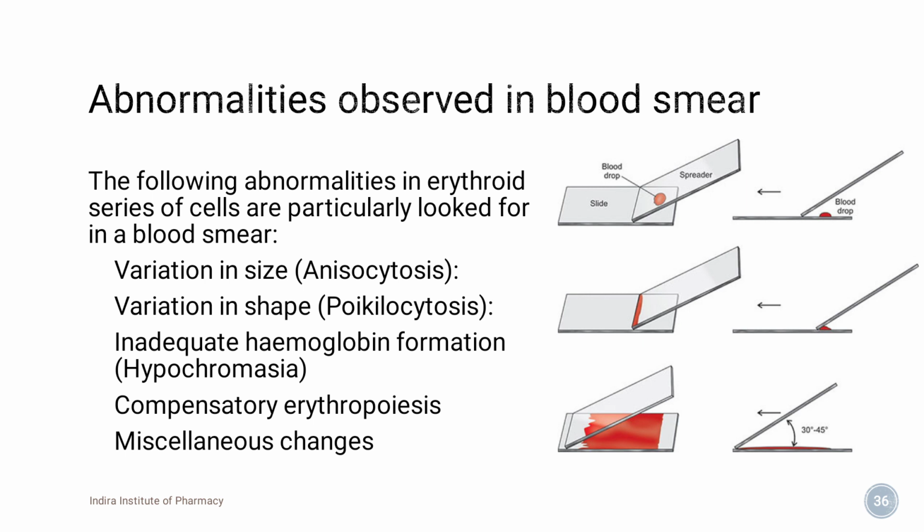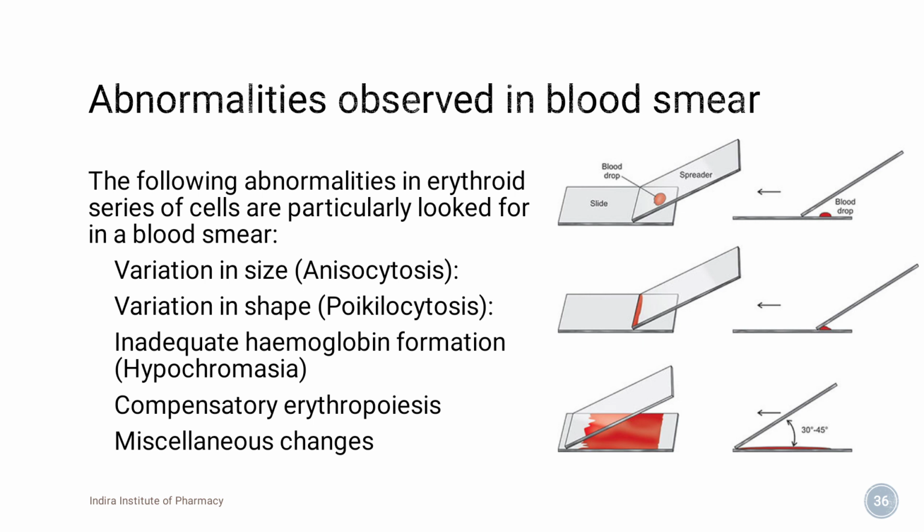So blood smear. Now how is the blood smear test done? First you have to keep the slides ready, at least 2 or 3 slides, because if one fails, then you have a secondary option.